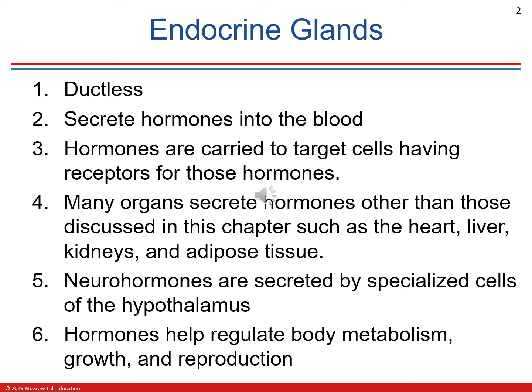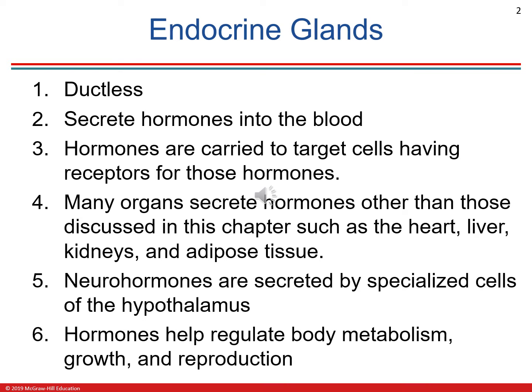We also have organs in our body that act as endocrine glands as a secondary activity, like for example the heart, the liver, and the kidneys, and I will refer to those later in this chapter.